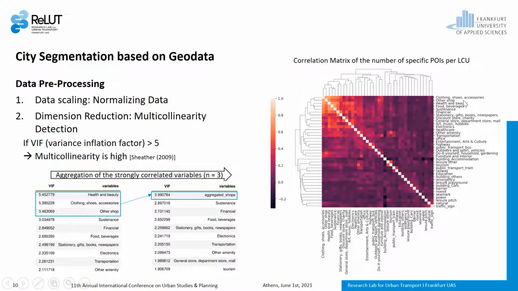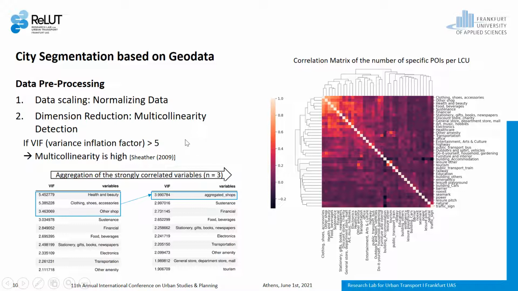The correlation matrix of variables is visualized for a first quick multicollinearity detection. We can see a cluster of 2 variables here in this corner that are highly correlated with each other. We examine that by looking at the variance inflation factor.